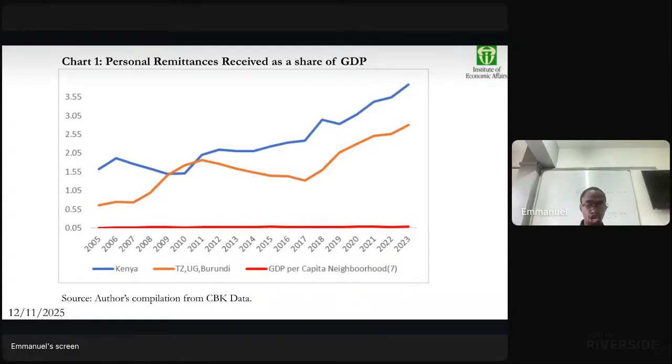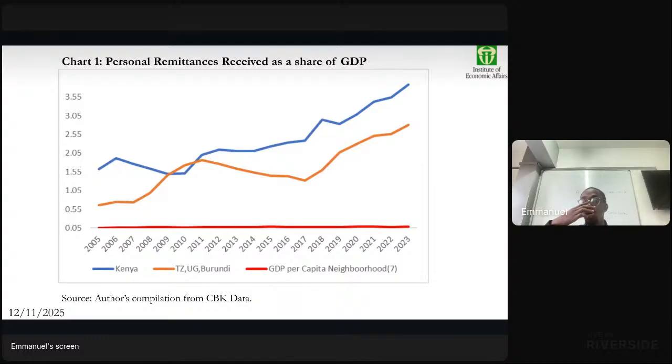Now, to this chart before us, these countries not only got wealthier, but their remittances received as a share of GDP were pretty stable at just about 0.05% of GDP.